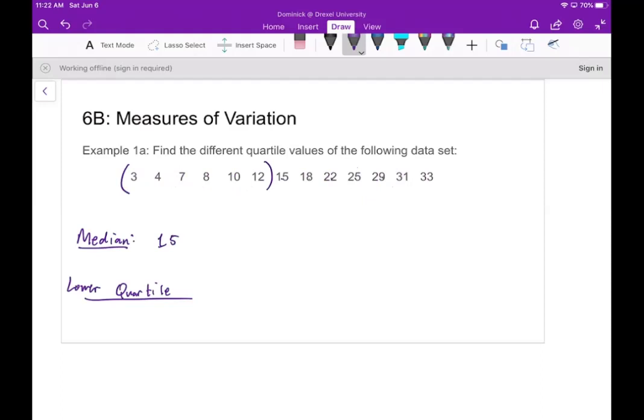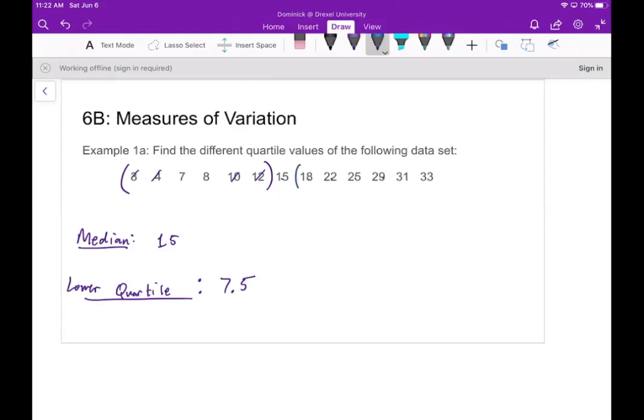Okay, no, I did count this right. So if we exclude 15, then we cross off 3, 12, 4, 10, and then we have 7 and 8. So my lower quartile is the mean of those two, so 7.5.